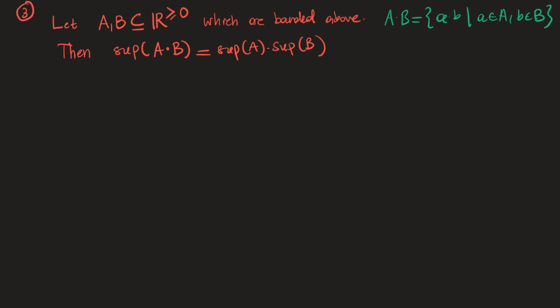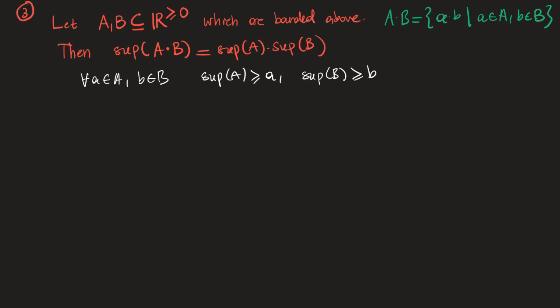Okay, so let us use the supremum A and supremum B definitions. For any a in A and b in B, sup A is bigger than or equal to a, and sup B is bigger than or equal to b.